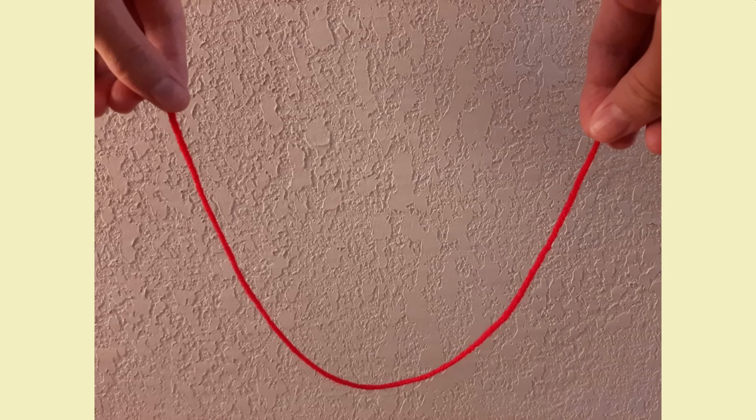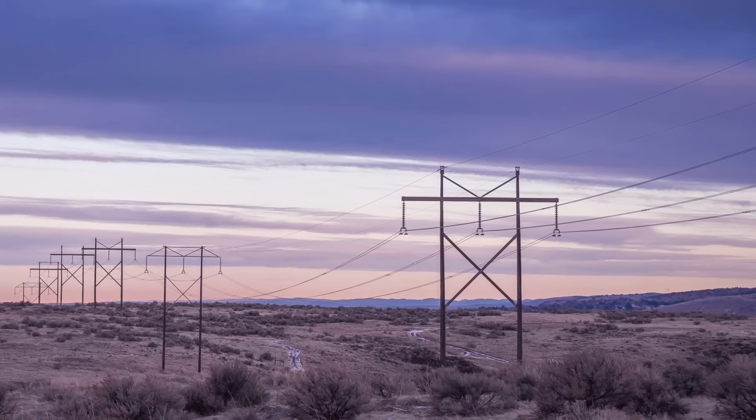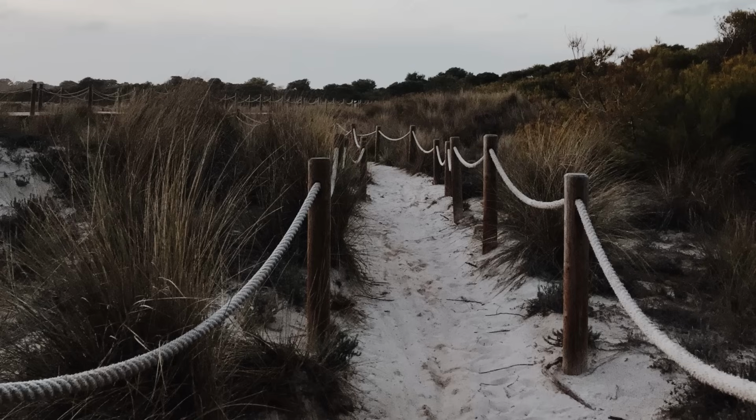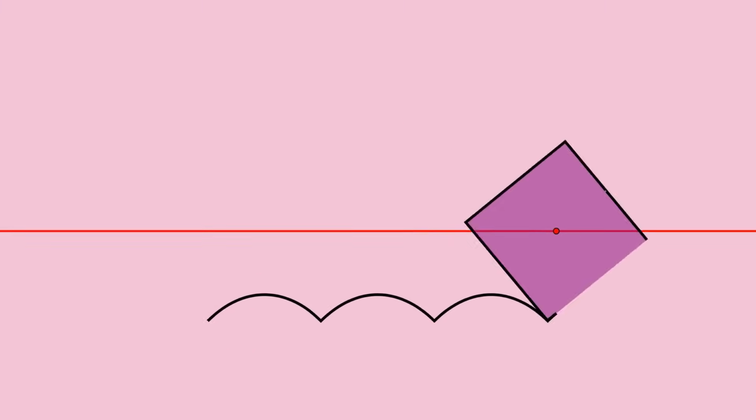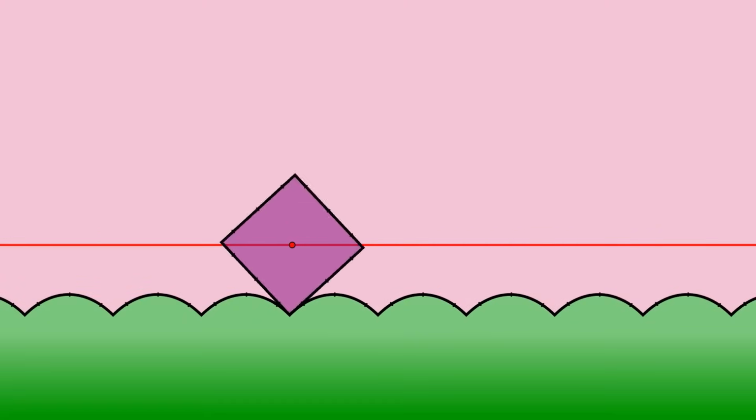It's the shape a chain or string takes when you hang it limp from 2 points. You can see them in power lines, or rope fences. And so it turns out a catenary, or rather, an upside-down catenary, is the ideal shape of road for a line segment to roll on. And if we string together multiple of these catenaries, we get the road that a square wheel will roll smoothly over. Isn't that neat?